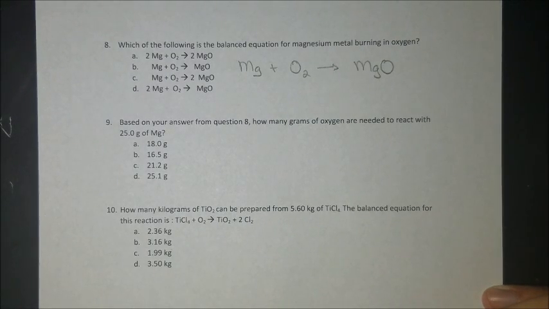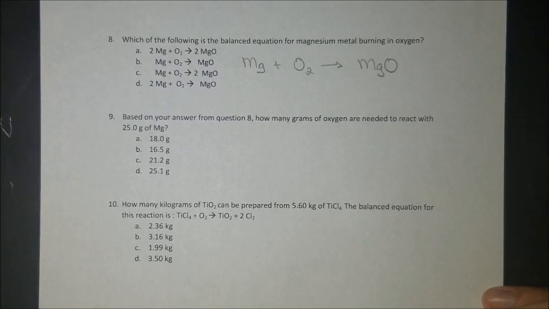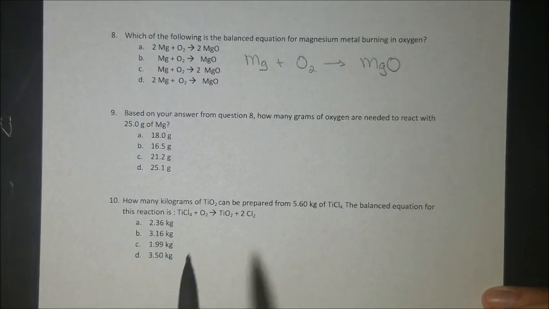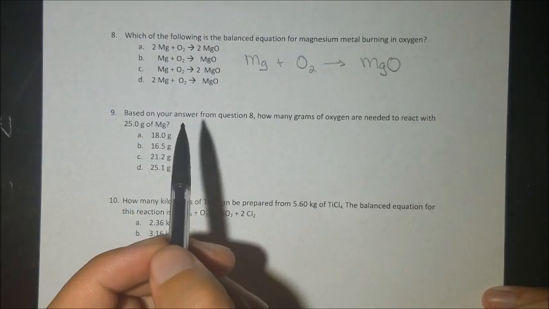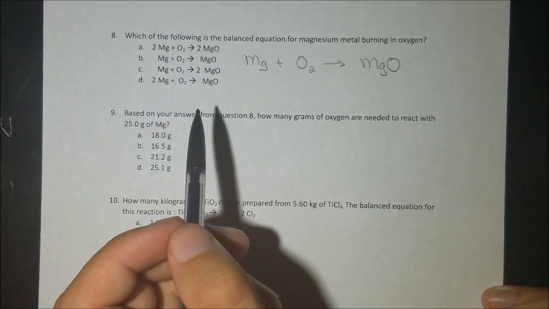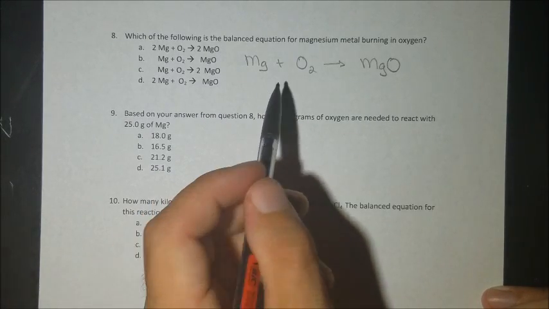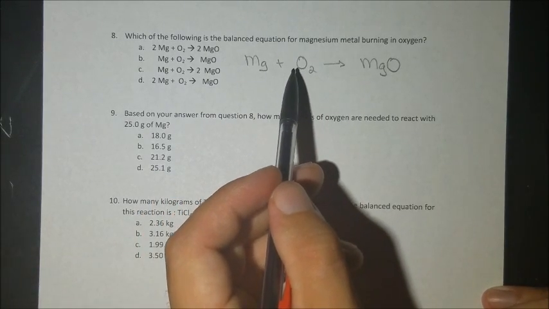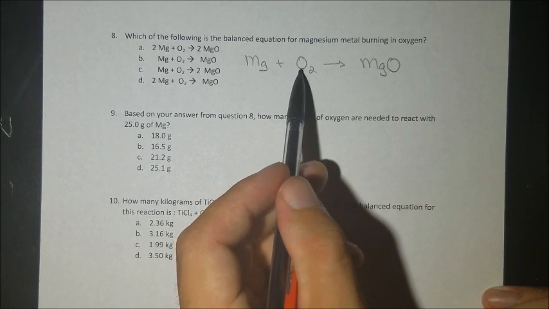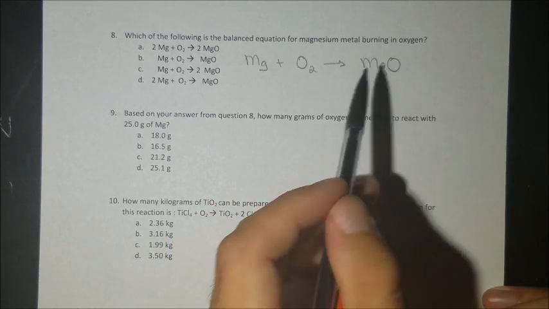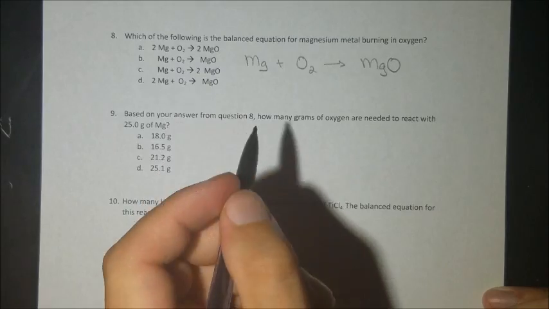And now I'm just left with an equation that I need to balance. So I'm going to start off by balancing my magnesiums. That's pretty easy because I've already got 1 mole of magnesium on both sides of the equation. And then the next thing I've got here is the oxygen. So on the left side I've got 2, and then on the right side I've got 1.